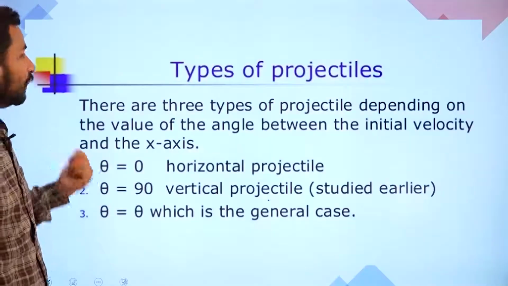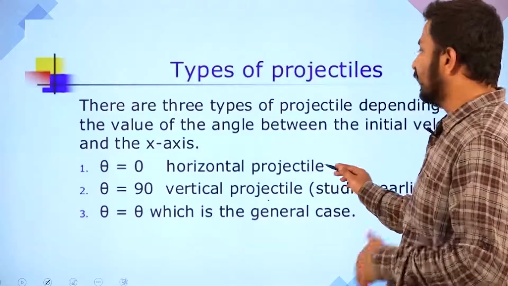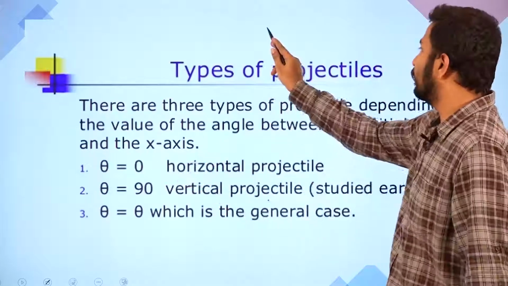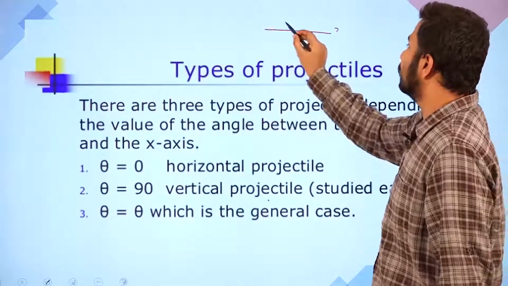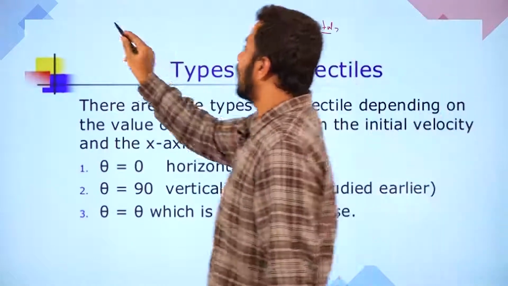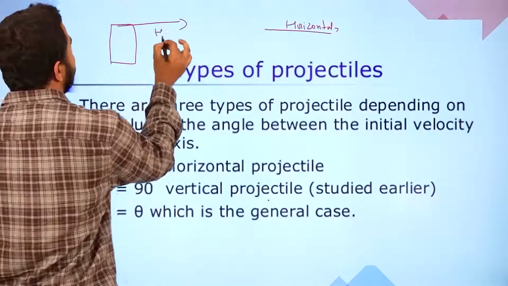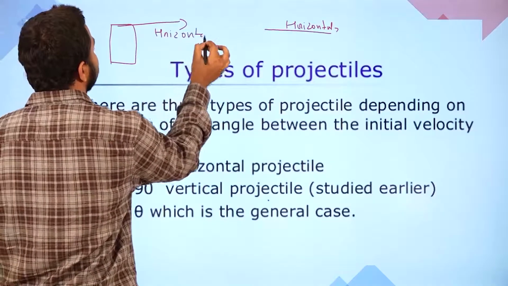If we talk about the projectile, when theta is 0, when we are projecting like this, it will be a horizontal projectile. When I am at the top of a tower, my dear student, and I project like this, this will be a horizontal projectile.